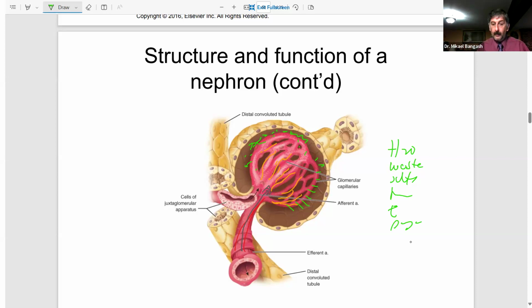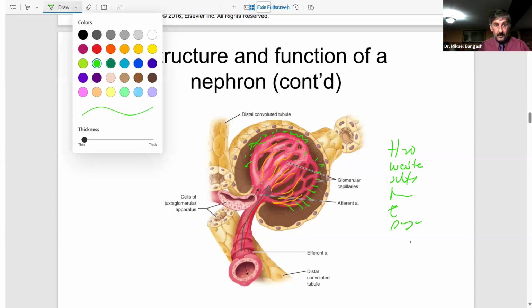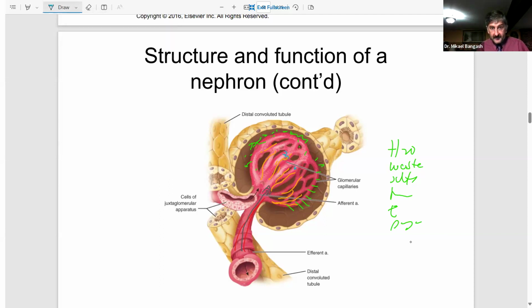And that's only if, for instance, there were big structural defects in the glomerulus. If there were actually pores, then only then will we have proteins being filtered out.